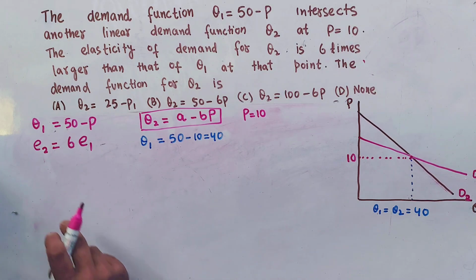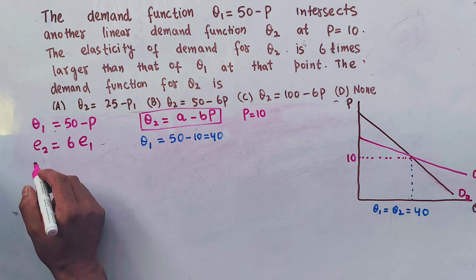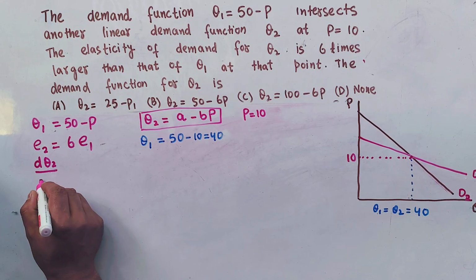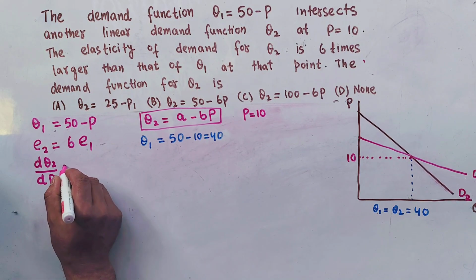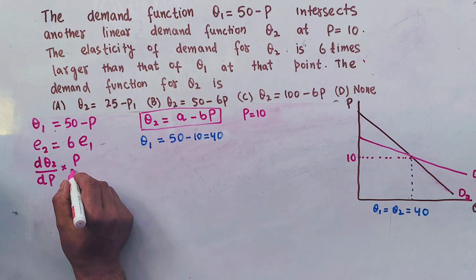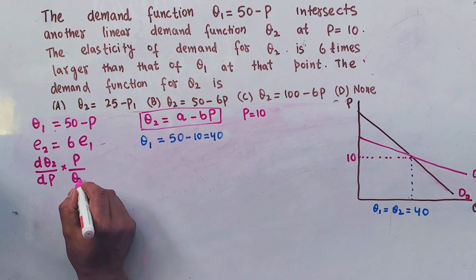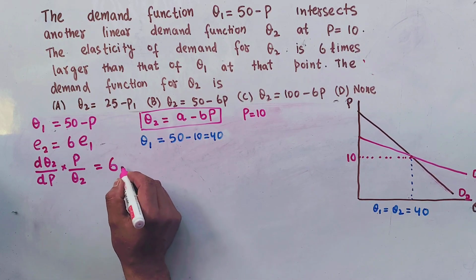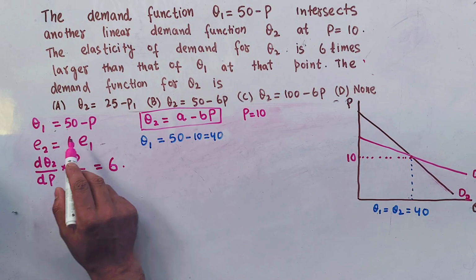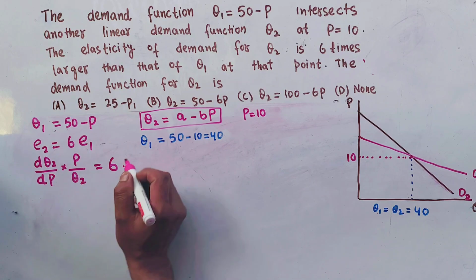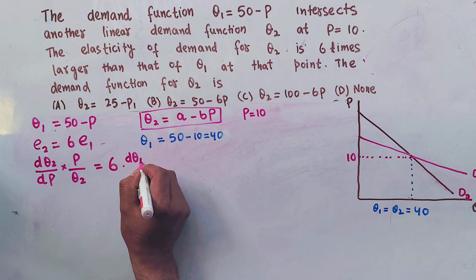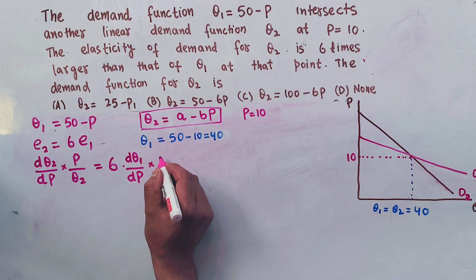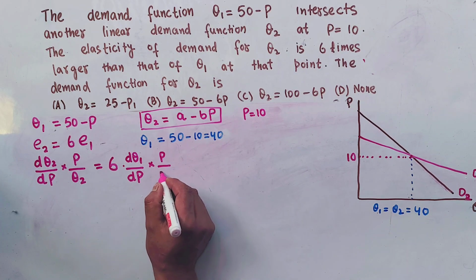Now we know that the elasticity of demand for good Q2 is equal to the change in the quantity demanded of good 2 divided by the change in the price, times price divided by the quantity demanded of good 2, and it is equal to 6 times the elasticity of demand for good Q1, that is the derivative of this function, the change in the quantity demanded of good 1 due to the change in its price, times price upon quantity demanded of good 1.